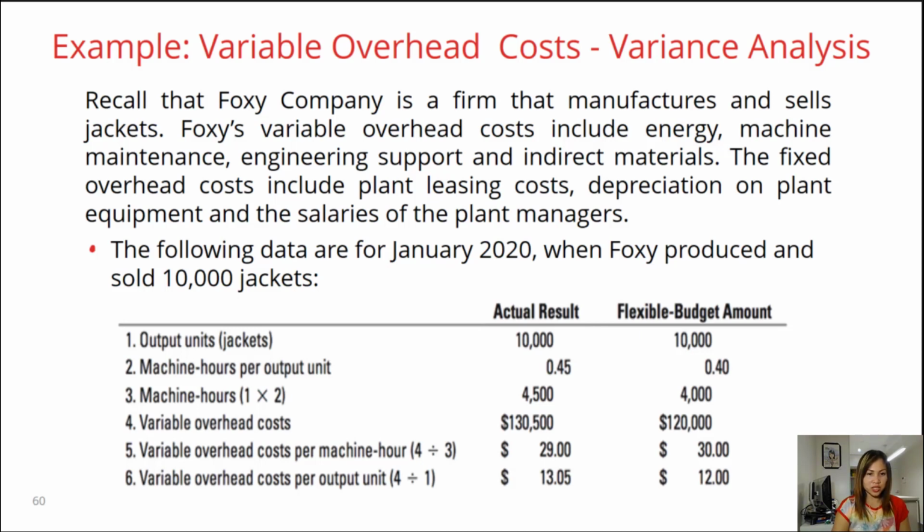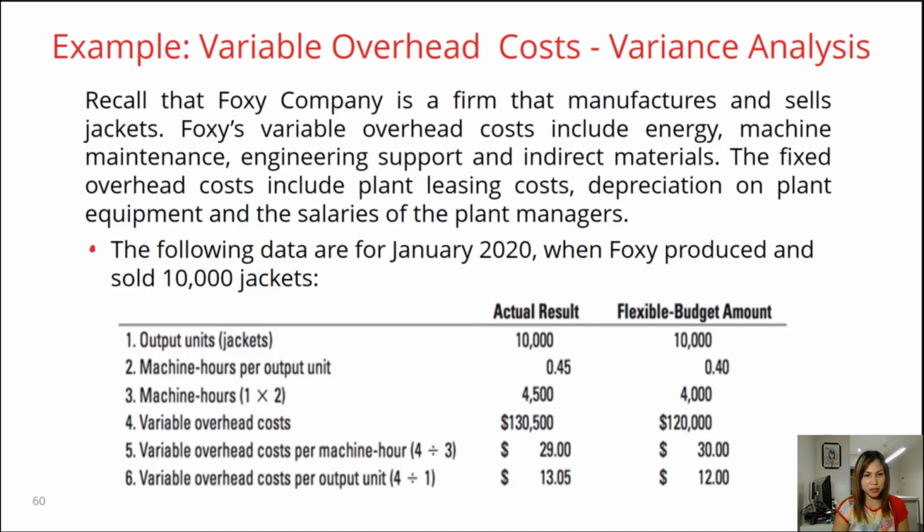So output units, jackets in this example: the actual result is 10,000, flexible budget amount 10,000, still the same. Machine hours per unit, actual is 0.45, flexible budget 0.40. This is all flexible budget, so we can always use this information to look at the difference.